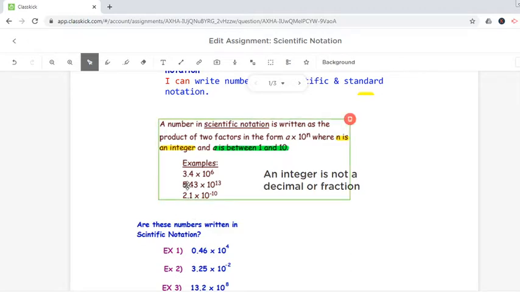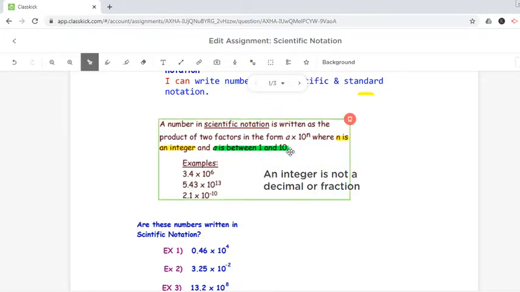So the exponent is not a fraction. Okay, and you can see a is between 1 and 10.